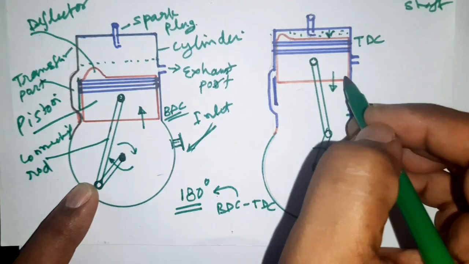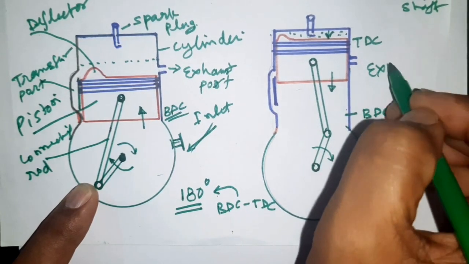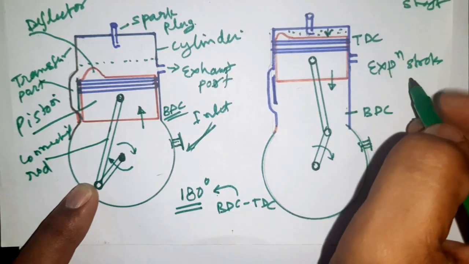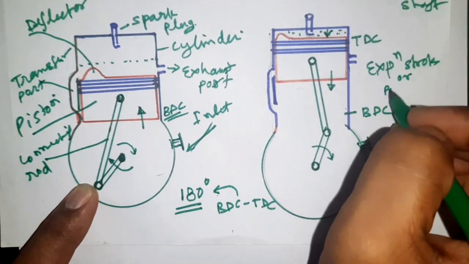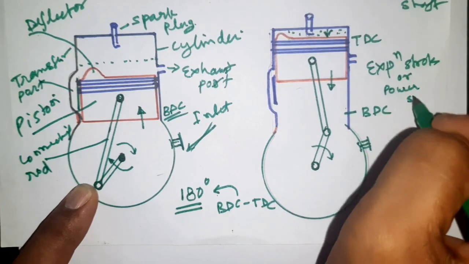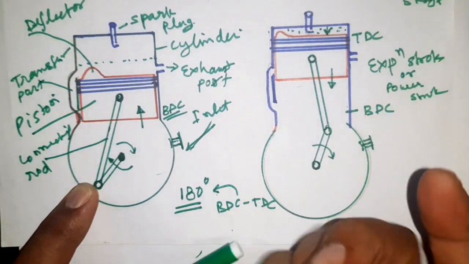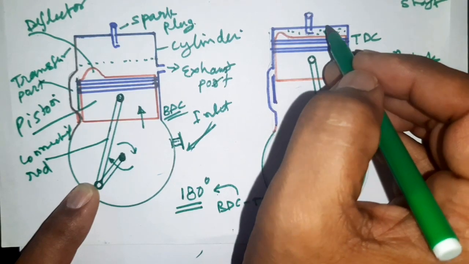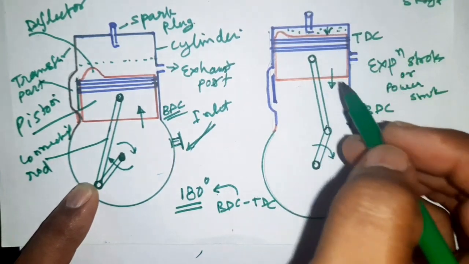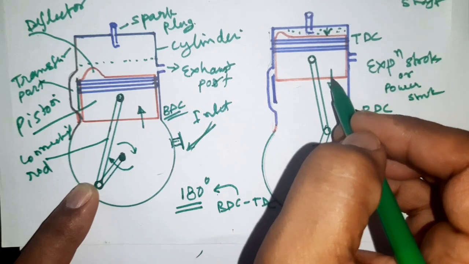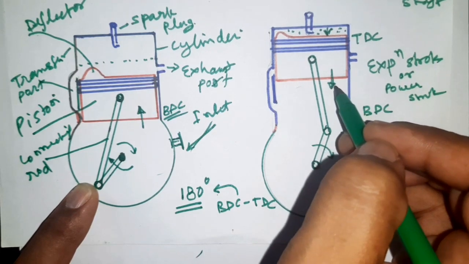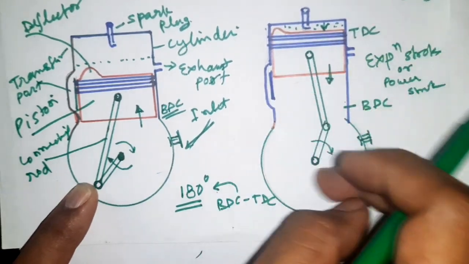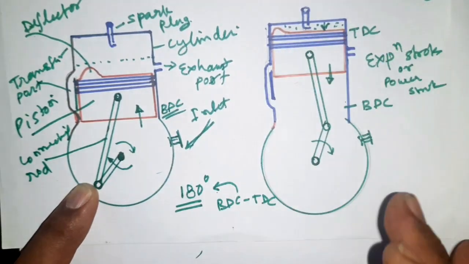This is called the expansion process, the expansion stroke or power stroke. Expansion is taking place in the upper location of the piston, and as the piston moves vertically downward, compression is taking place in the bottom location.